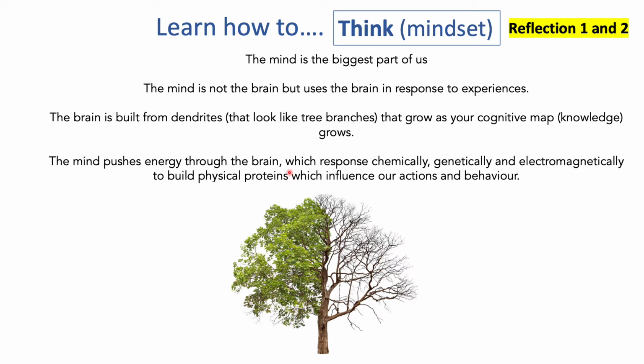So the mind pushes energy through the brain. As soon as you experience something, your mind actually transfers a signal through the brain, and your brain responds chemically or genetically or even electromagnetically to that signal, and it actually builds physical proteins which get expressed in your genes, and it influences your actions and your behavior.